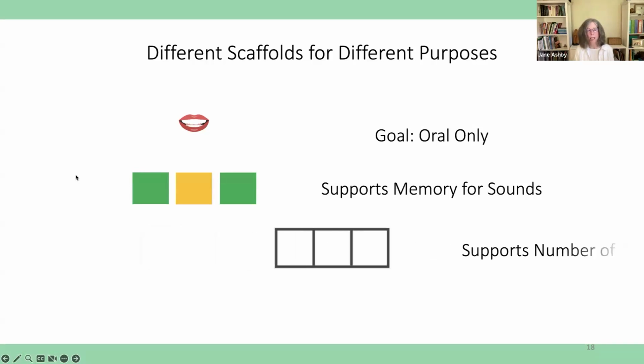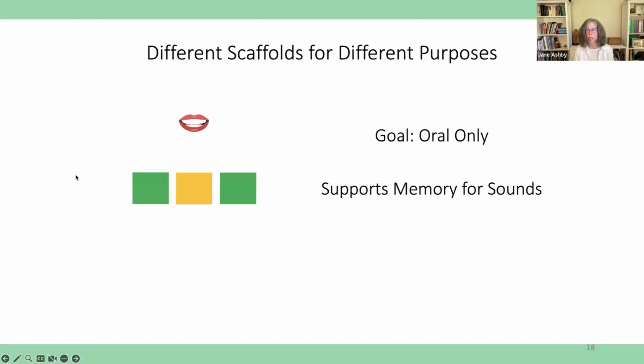But as soon as you can, you want to take those Elkonin boxes away and have the student do the work. They have 4 or 6 chips in front of them, and you say a word, and they have to figure out that it's 3 and which 3 it is. So that's the next step in your instruction, is to just go with the manipulatives where they don't have the boxes.